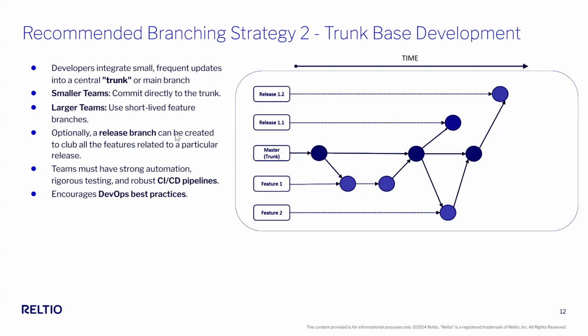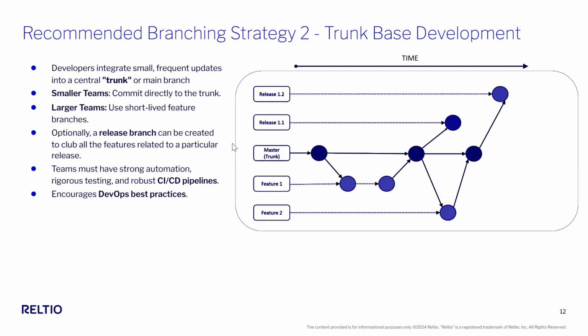Optionally, a release branch can also be created to club all the features related to a particular release, right? So there can be multiple releases, and the features for that particular release can go to the specific release branches. And once the release is over, the release branch can be deleted, right? So on a high level, the main branch here is the trunk branch. Feature branches and release branches are optional.